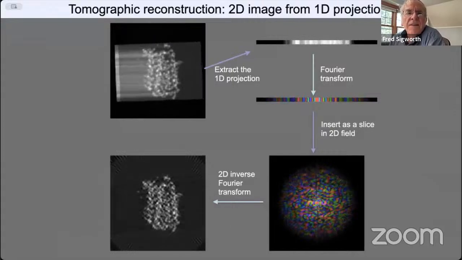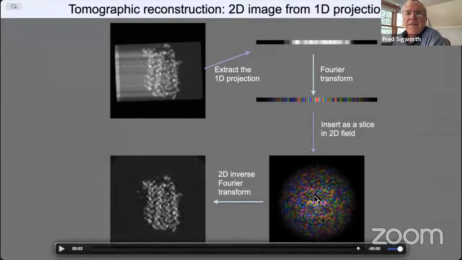But if we fill in the entire field, we get a pretty good reconstruction. And if I had taken smaller angular increments, we wouldn't even have artifacts around the edge. So this is reconstruction by doing insertion of a Fourier slice into the higher dimensional field.